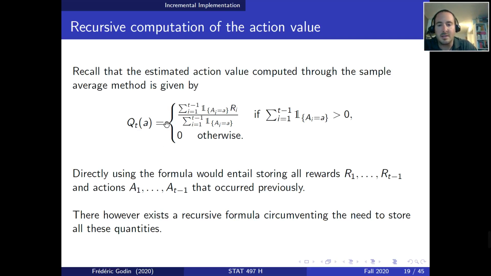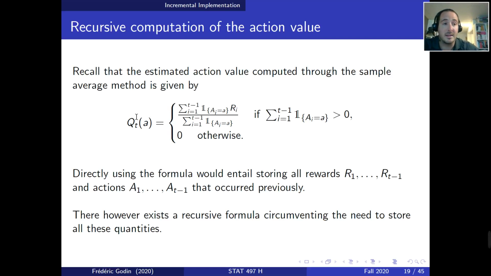So this estimate of the value of action a was simply obtained by averaging all rewards obtained from lever a in all previous plays, so in all plays up until play t minus 1.